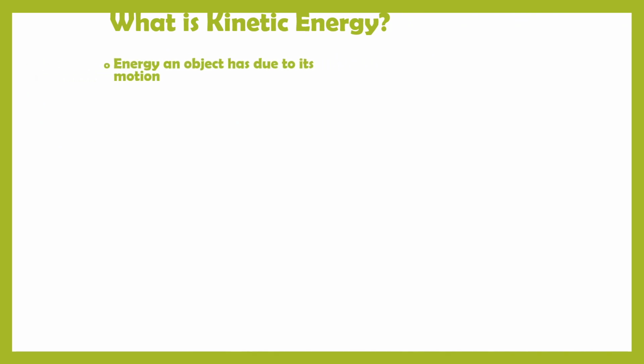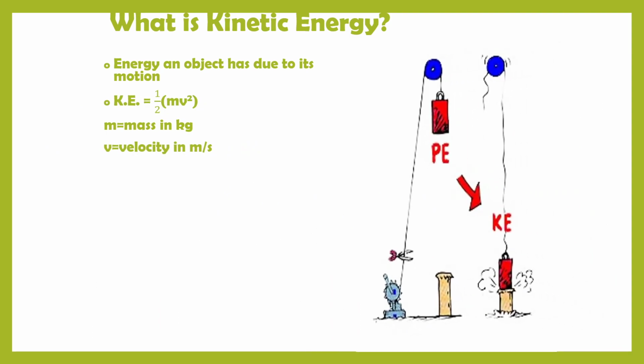And kinetic energy is energy that is on an object due to its motion. The equation for kinetic energy is the kinetic energy is equal to 1/2 the mass times the velocity squared. So m is the mass in kilograms, v is the velocity in meters per second. So when we dropped this weight and cut it, the potential energy forces the weight to fall.